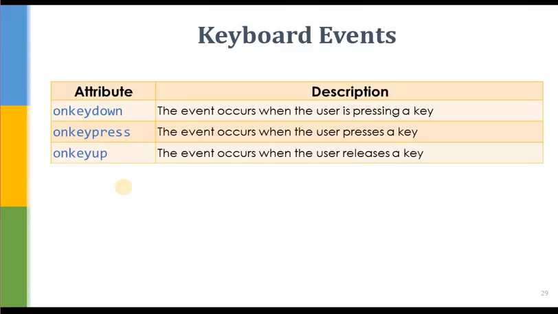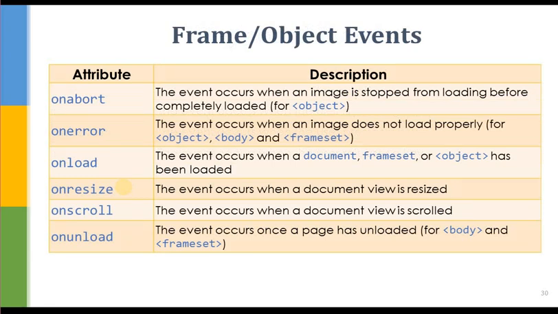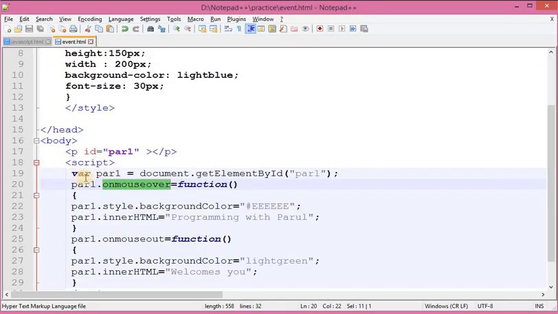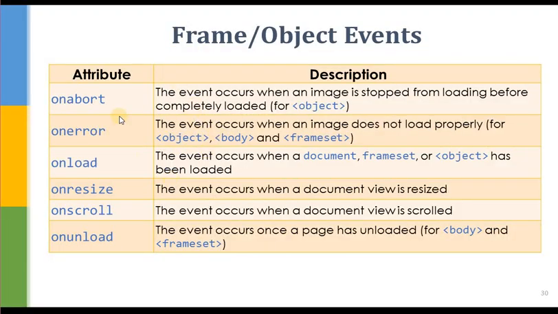Over here for keyboard related events, there are attributes onkeydown, onkeypress, onkeyup. After that there are also events related to frames and objects: onabort, onerror, onload, onresize, onscroll, onunload. Among these I'm going to show you onload. The onload event occurs when a document, frameset, or object has been loaded.